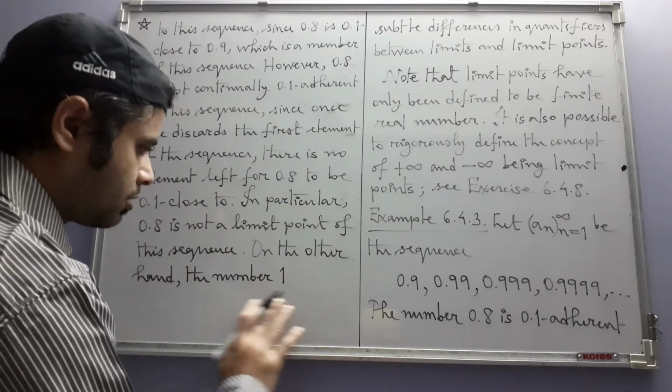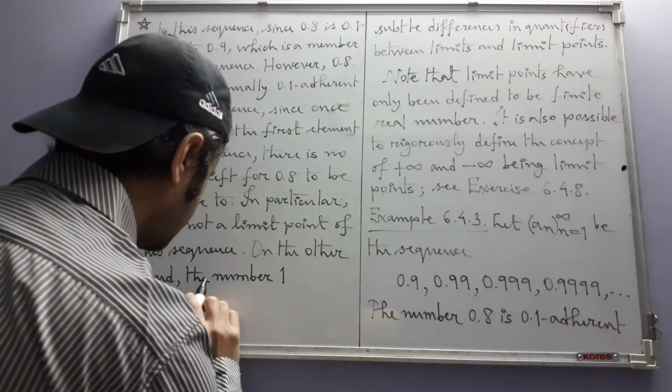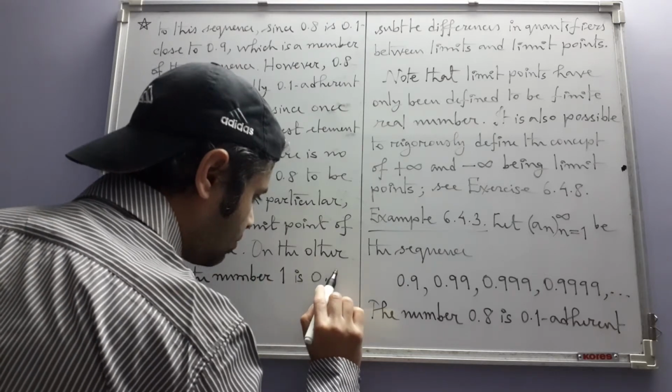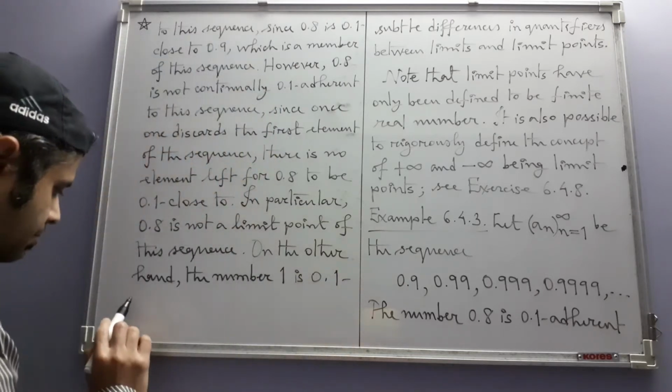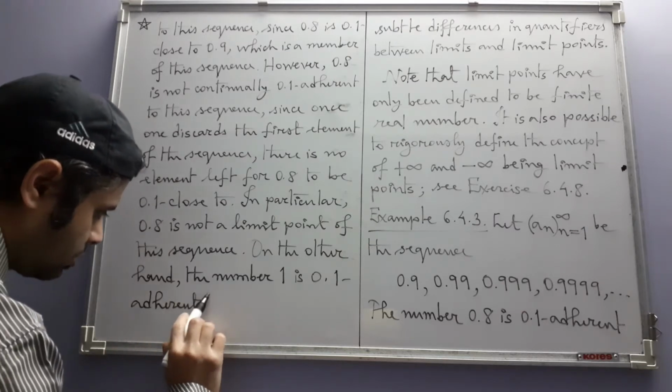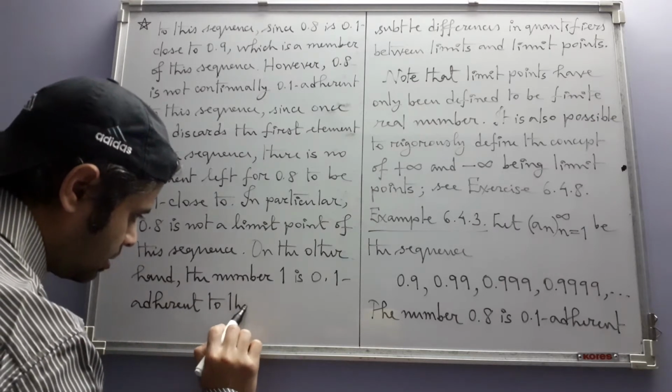Okay, so the author has gone in stages. The number 1 is first of all 0.1 adherent to this sequence.